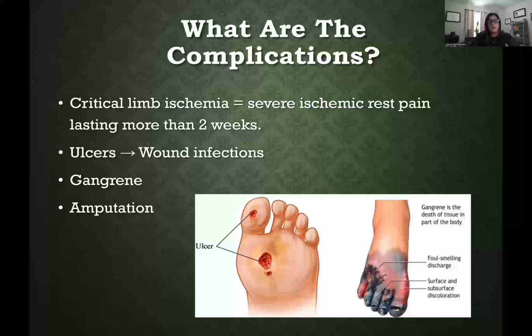Now, they can develop many complications from the absence or decrease of blood flow, and one that is common is ulcers. Also, with the thin skin, it starts breaking, and then they develop infections, which can lead to gangrene and amputation.